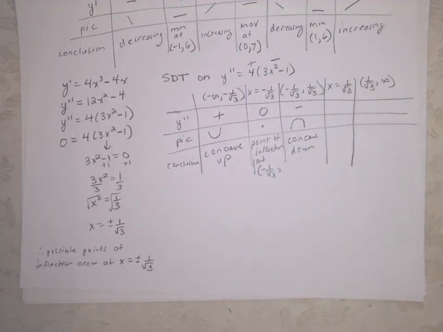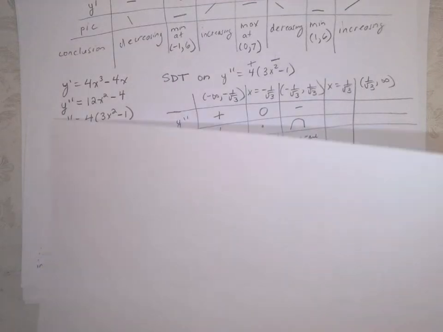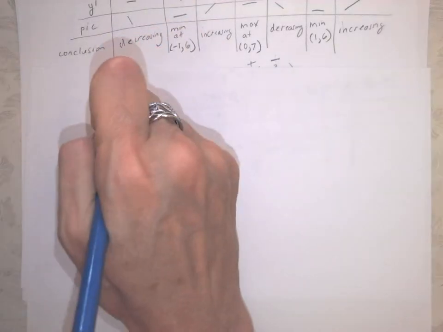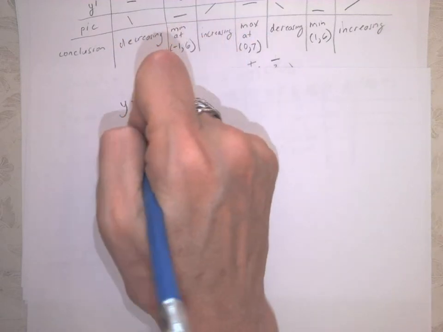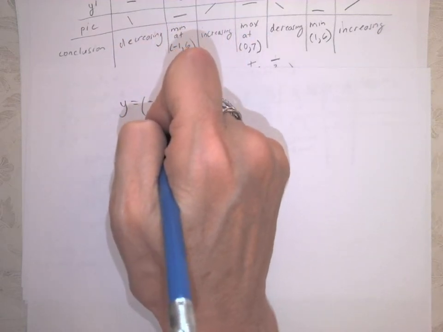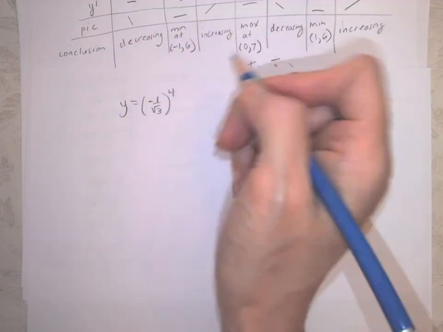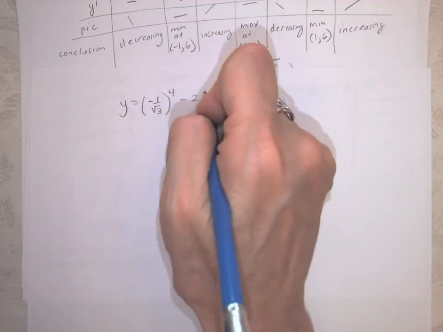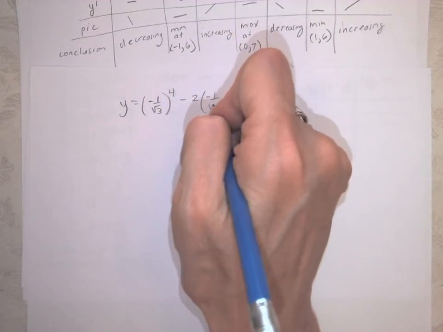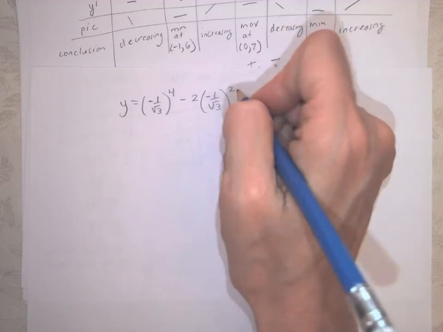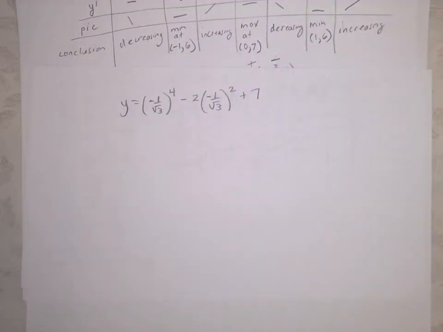So again, I'm going to get a piece of paper we can look at here, substituting into the original. So y equals -1 over root 3 to the power of 4 minus 2 times -1 over root 3 squared plus 7.